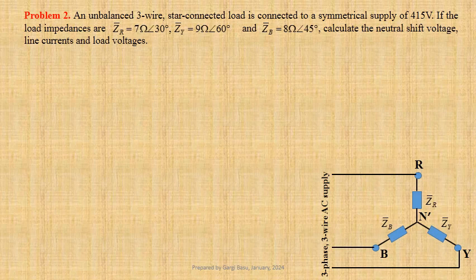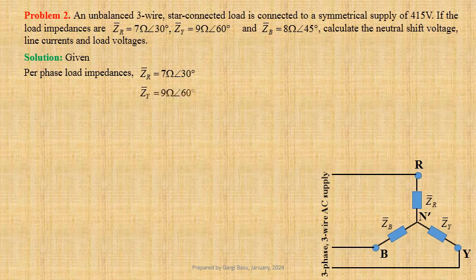Let us first write down the given data. Per phase load impedances ZR equals 7 ohm at an angle 30 degree, ZY equals 9 ohm at an angle 60 degree, and ZB equals 8 ohm at an angle 45 degree.